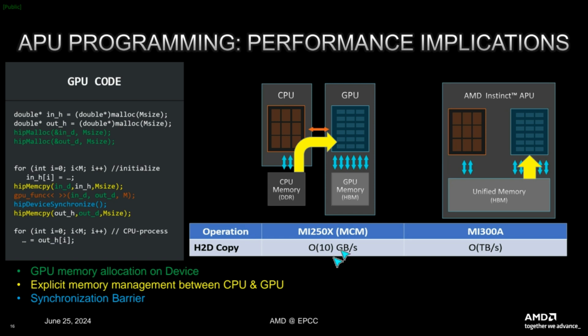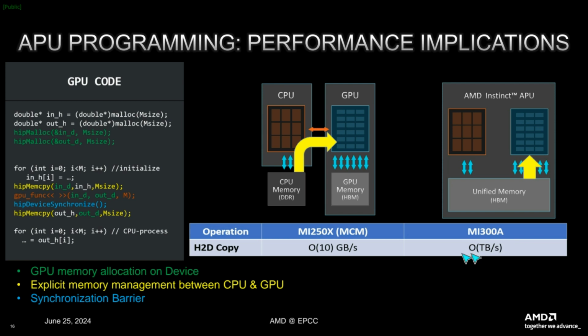You can have two versions of your memory array on the APU as well if you still hold on to two versions of the memory, or you can have just a single version of the memory. But in both cases, that memory copy time is orders of magnitude higher.